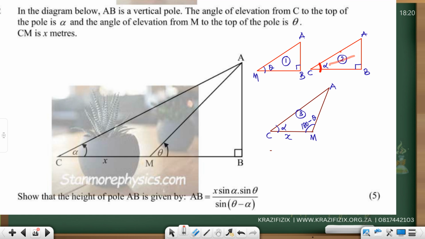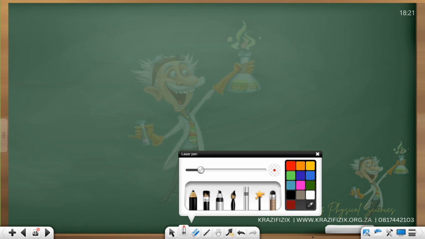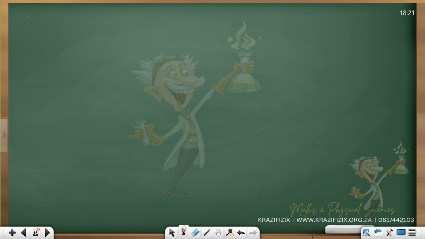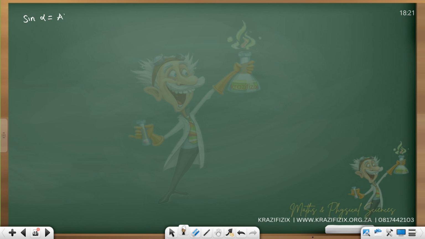So sine alpha will be what? AB over what? AC. Because that is opposite and that is the hypotenuse. All right, let's start from there. Let's write that down. We don't know where we're going yet. So sine alpha is, what did we say? Opposite AB over AC. Lovely.